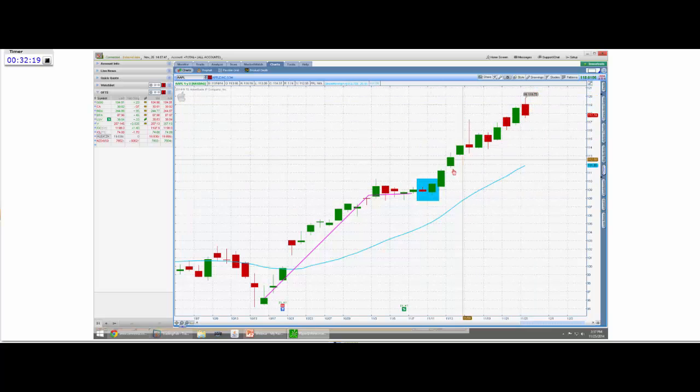A $10 move in a very short period of time on $1 of risk. That's the beauty of this. Not only do you have trend and momentum in your favor, which means you've won half the battle before you even get in the trade, but once you're in it, if you follow these rules, you're only risking $1 to make a potential 10 or more. It's significant.